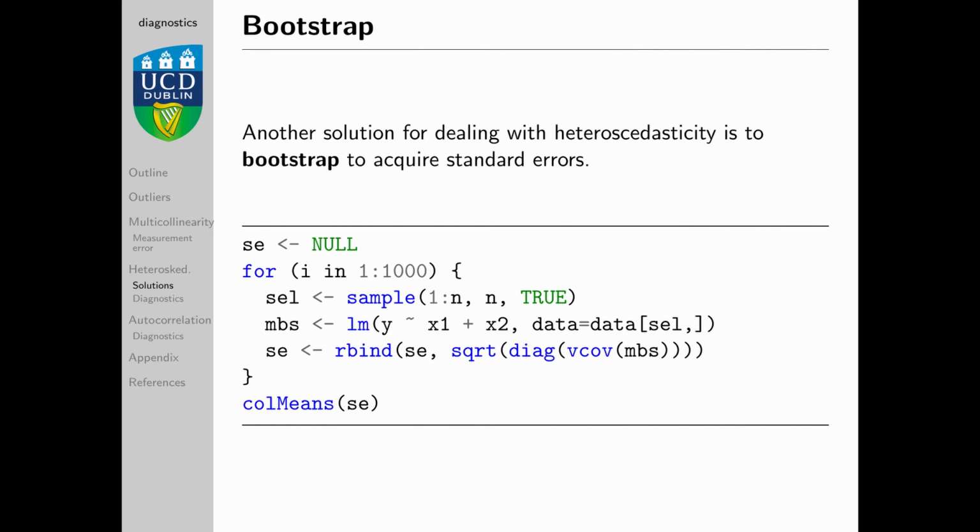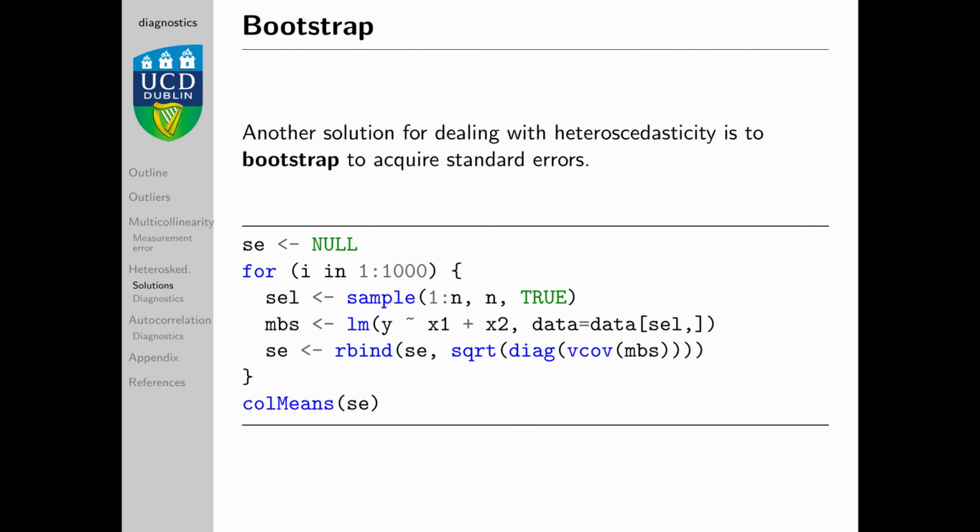A bootstrap sample is a sample out of your sample that is the same size as your sample, but not the same observations. So you take a random set of your sample, and in that random set are the same number of observations as the original sample, but the same observation might be occurring 2, 3, 4, 5 times, and therefore other observations might be left out. So it's taking a random sample with replacement.